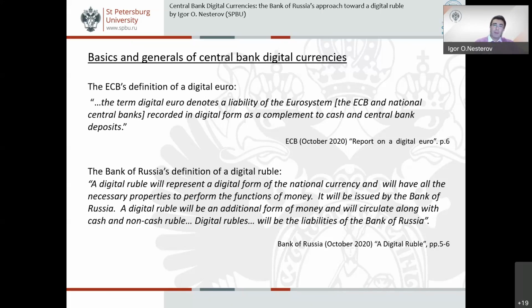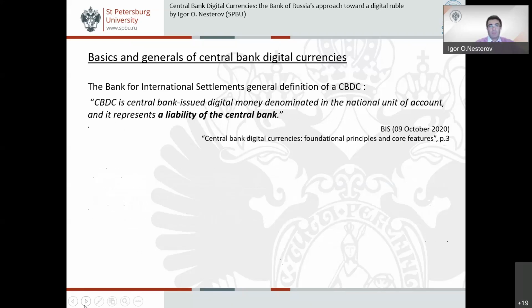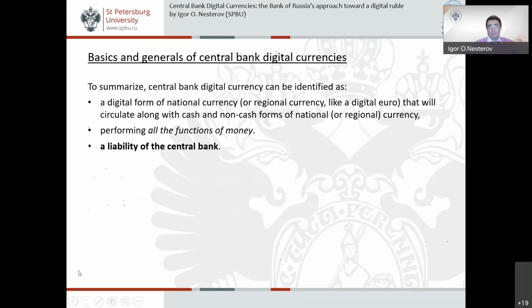So I hope from those definitions we can summarize three major facts about central bank digital currencies. The first fact, central bank digital currency is a digital form of national currency or regional currency, like in the case of the digital euro.